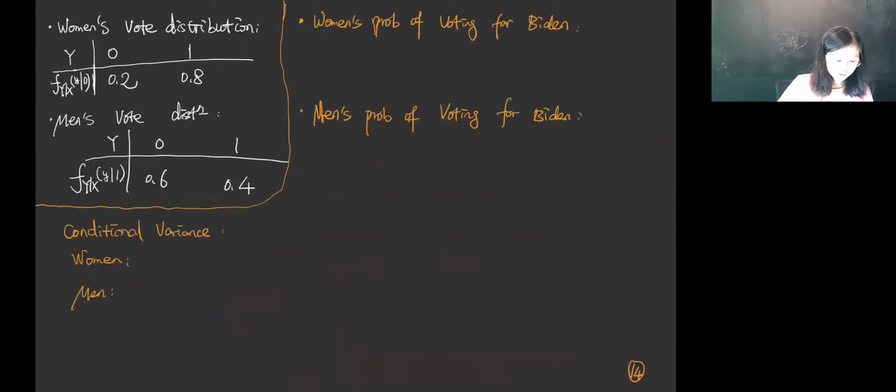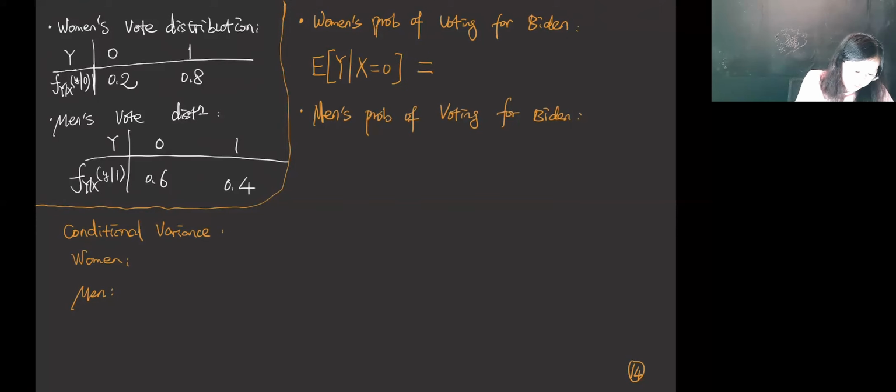And we can use this table, these conditional distributions, to figure out the conditional expectations. The conditional expectation of y from the first conditional distribution is also called the women's probability of voting for Biden, and that is the expected value of y given x equals 0.